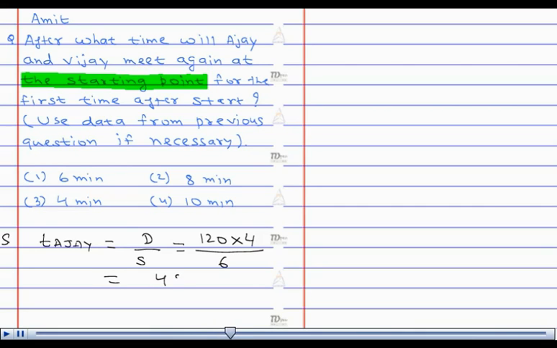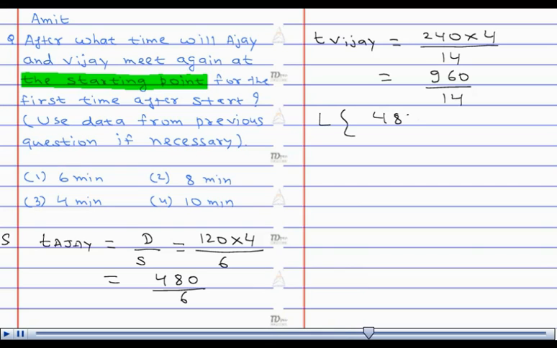Hence, the time required will be 480 divided by 6, and similarly, time required by Vijay to cover the entire path once is equal to total distance, that is 240 into 4, divided by speed, 14 meters per second, which is equal to 960 divided by 14.